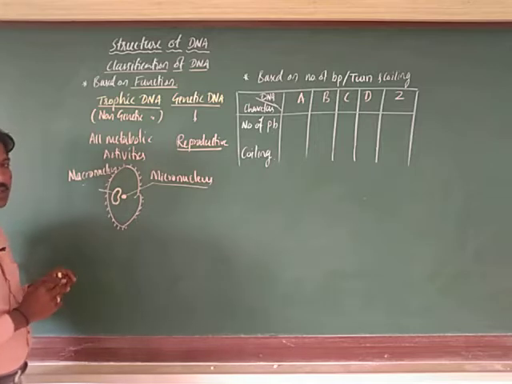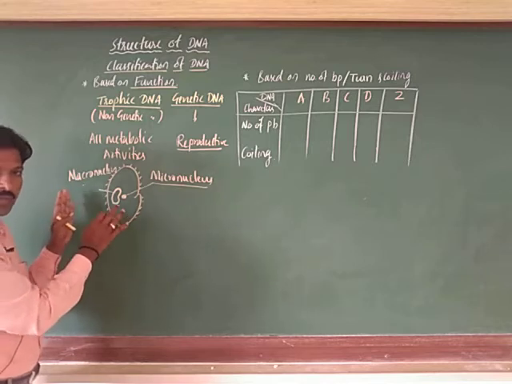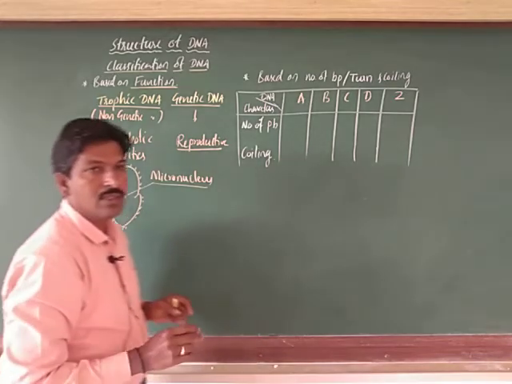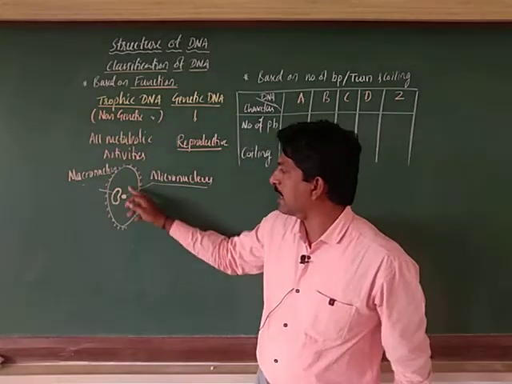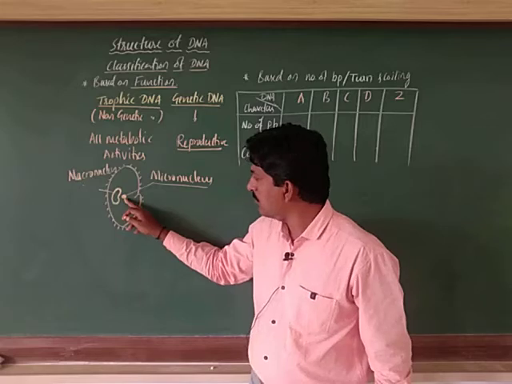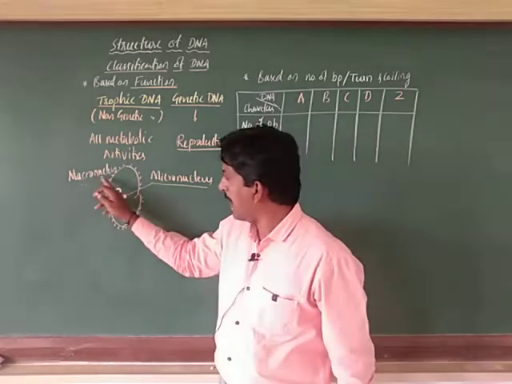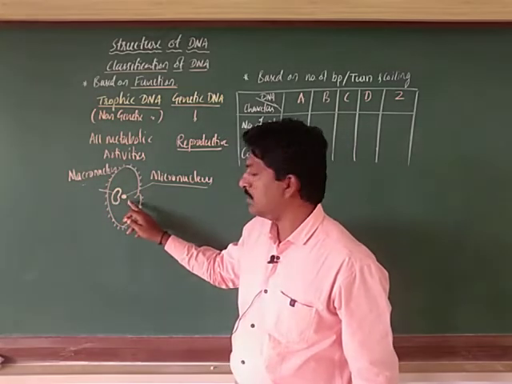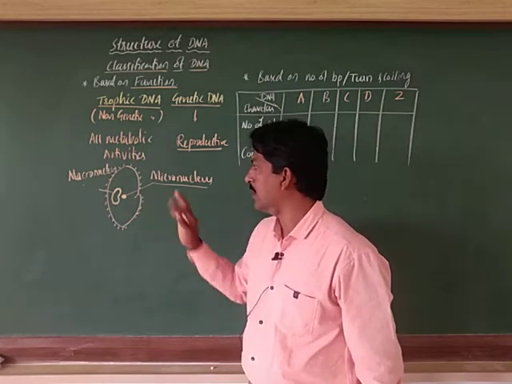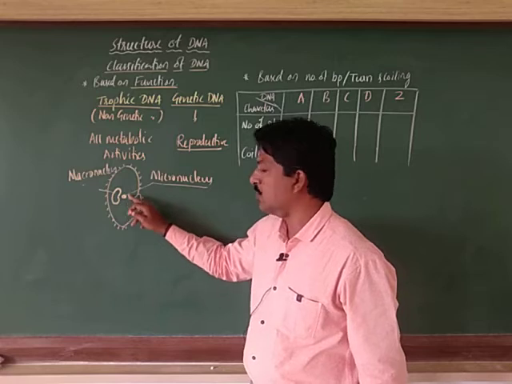How does it work here? In the normal state, the macronucleus performs all the metabolic activities of the cell of this paramecium, and the micronucleus performs during binary fission, that is, reproduction. The macronucleus disappears during cell division, dissolving in the cell, and during binary fission the micronucleus divides and nuclear division takes place.